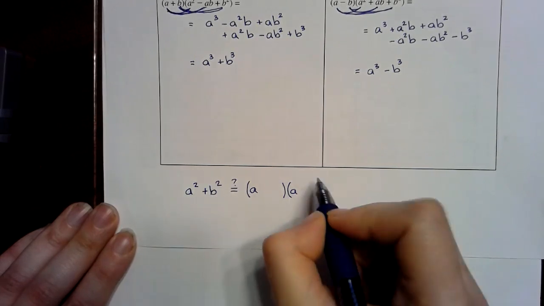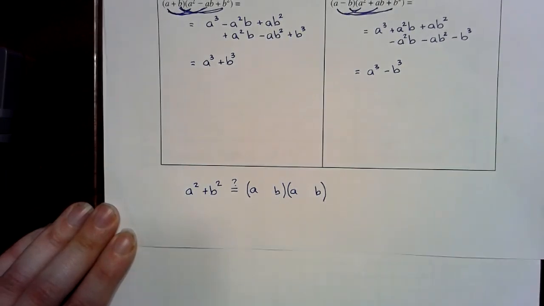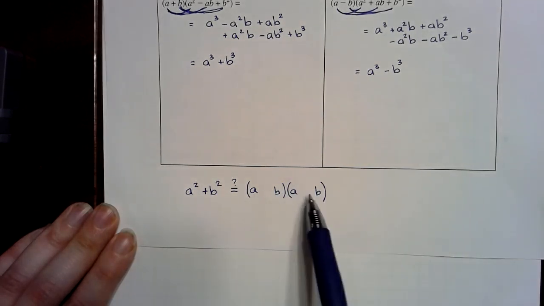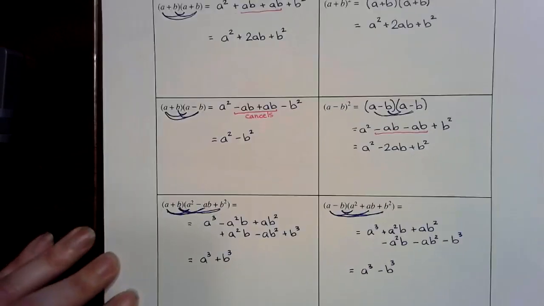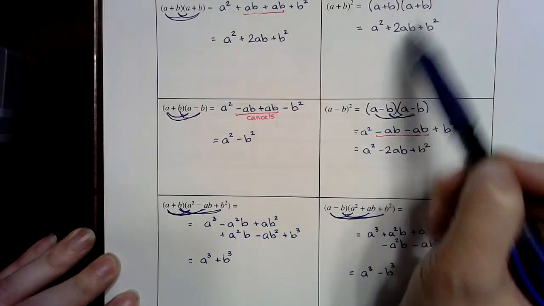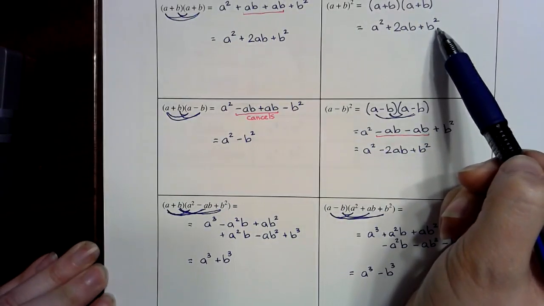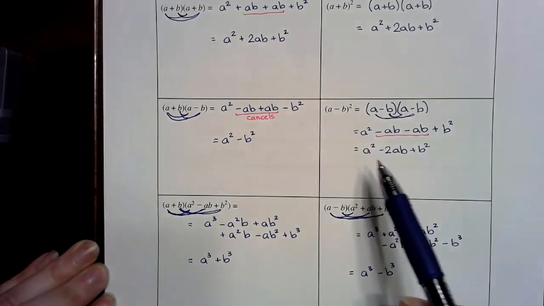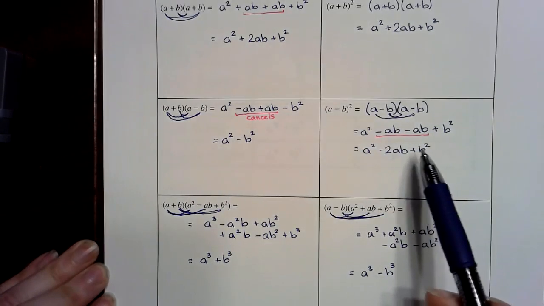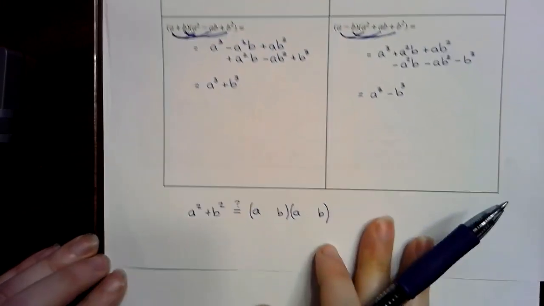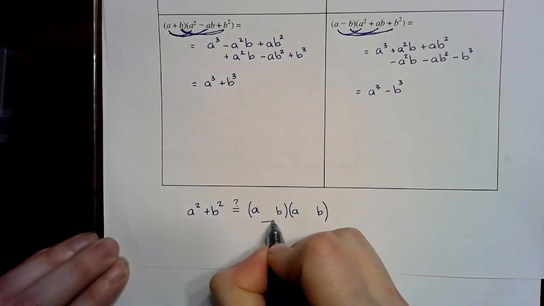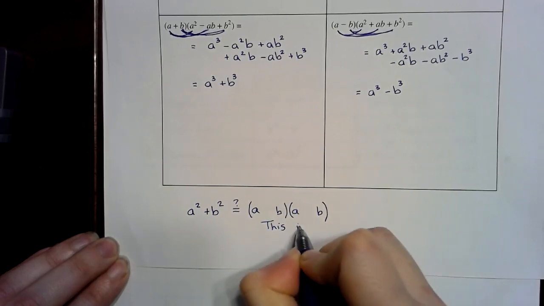To get b squared at the end, I would have to have a b and a b. So the question now is, what signs would go in here? Well, if they're both positive, then I get this. That's not a squared plus b squared. If they're both negative, that's not going to work. If one is positive, one is negative, that gives us the minus, right? So this is not going to work.